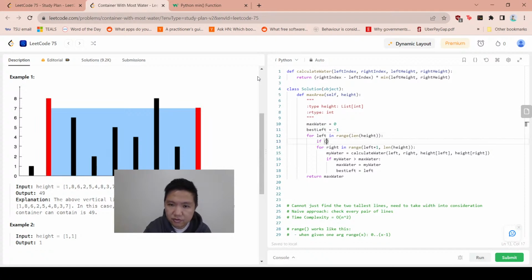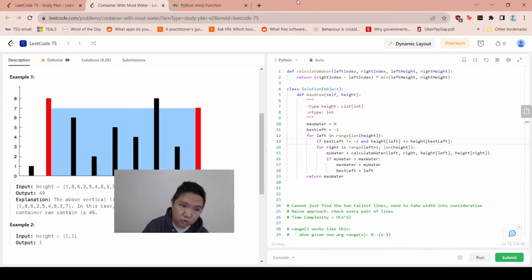If best left was -1, so best left has a value, and the height of left is smaller or equal to the height of best left.